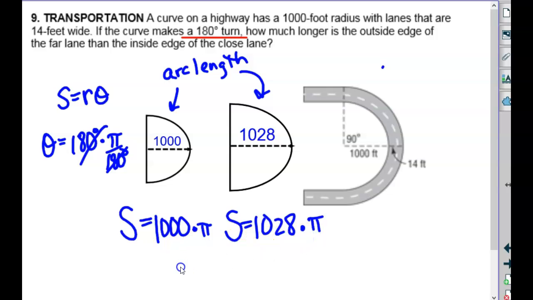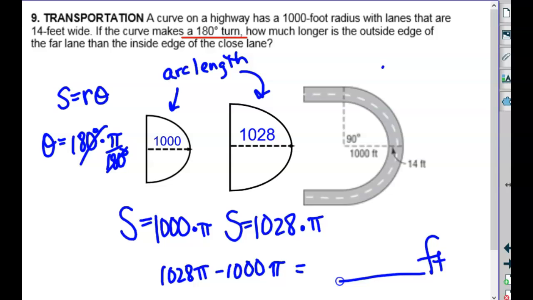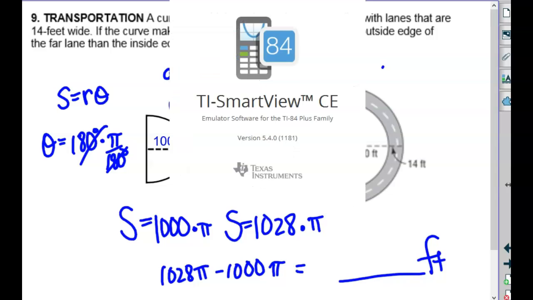So real quick, type in 1028 pi minus 1,000 pi. And tell me how many feet that is roughly. While you're doing that, I'm going to open my calculator because it takes a while. Somebody's going to shout me out a number.